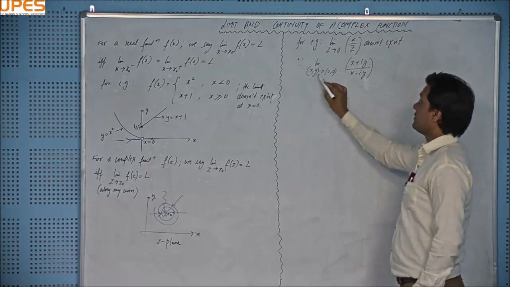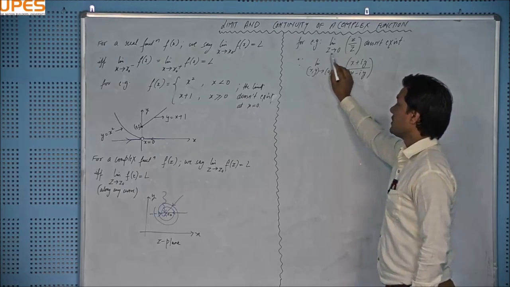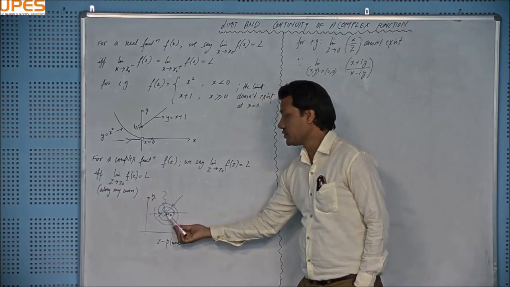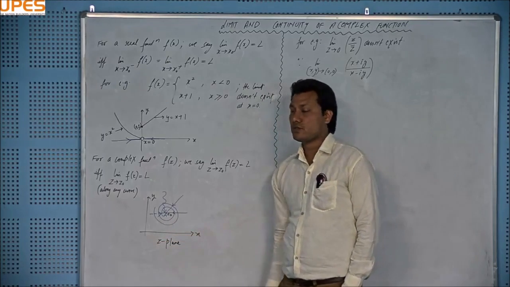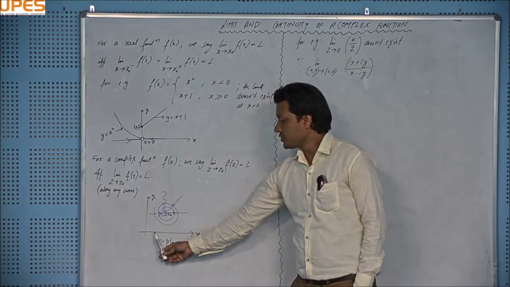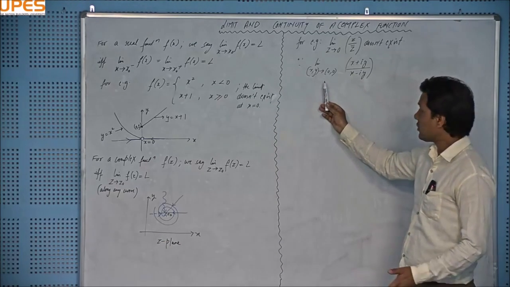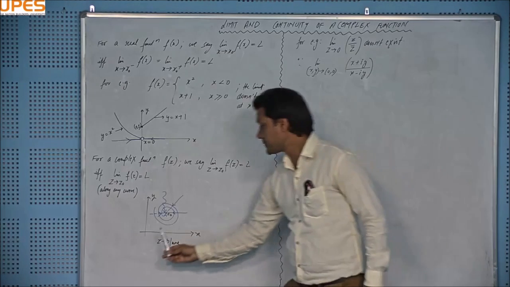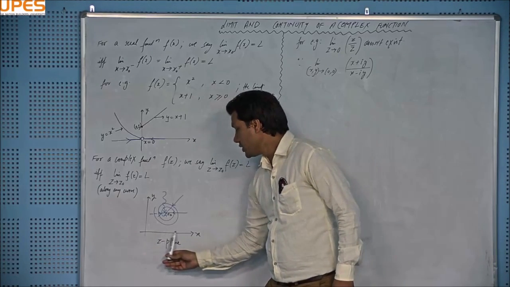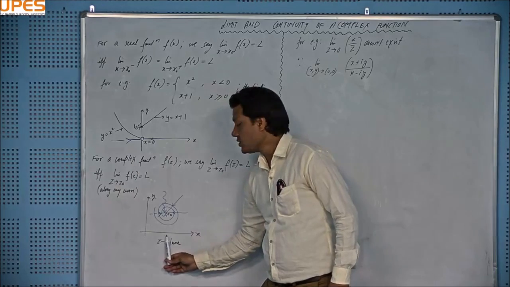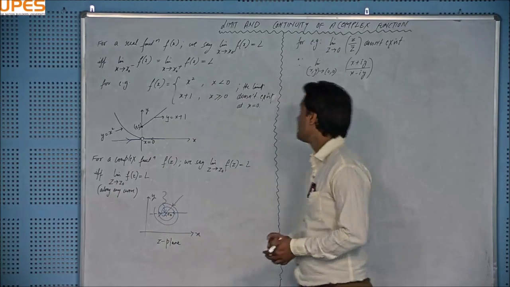Now my z naught is 0, you can see from here, and this z naught is 0, or you should place it here, right? So there are different ways to reach this z equal to 0 according to this example, right? First obvious choice is to approach this z equal to 0 from this x axis or along this y axis, right?